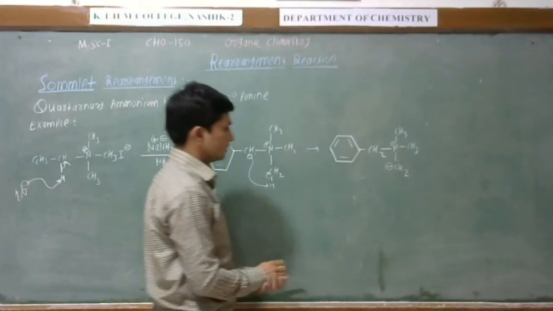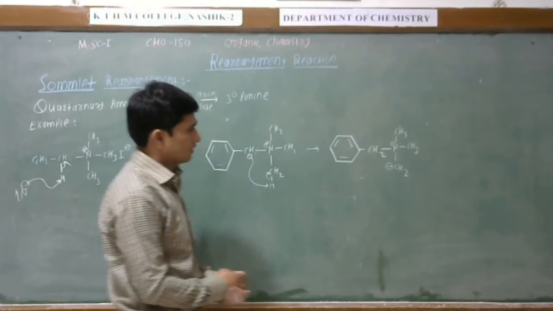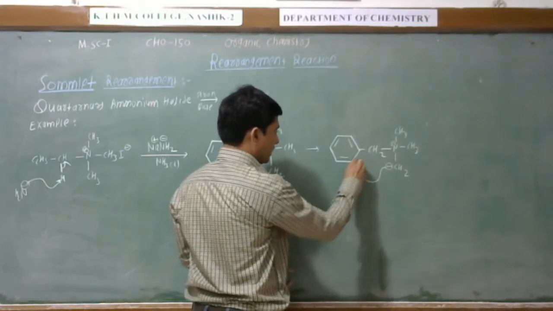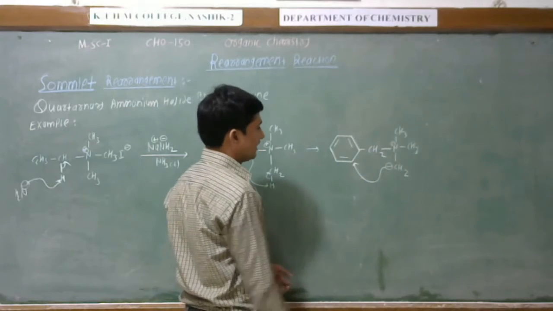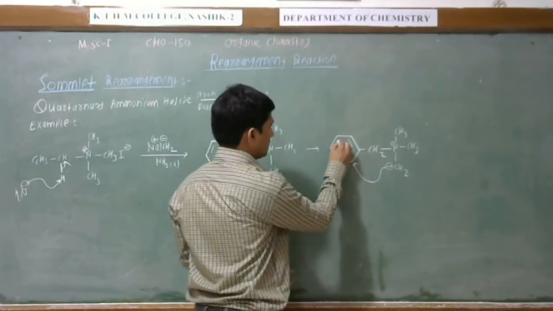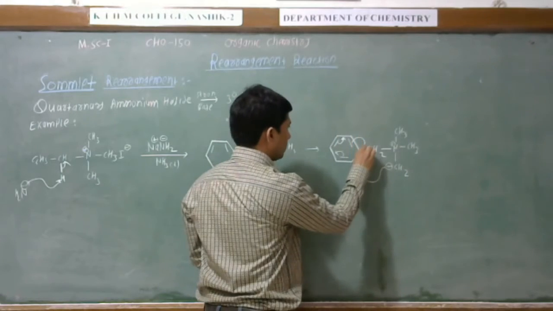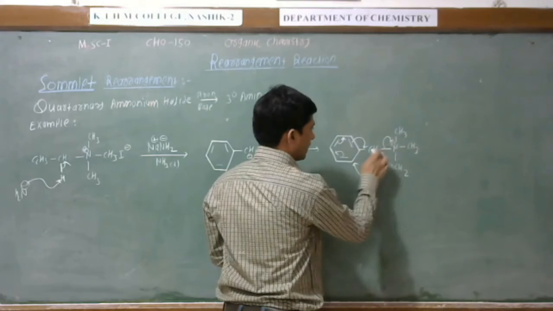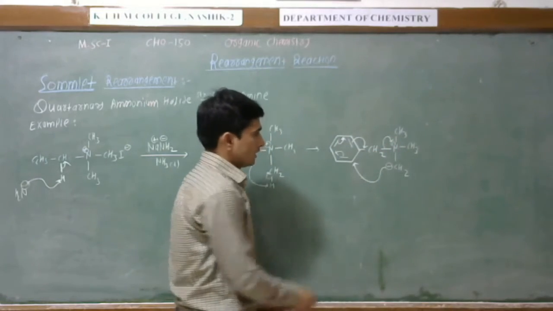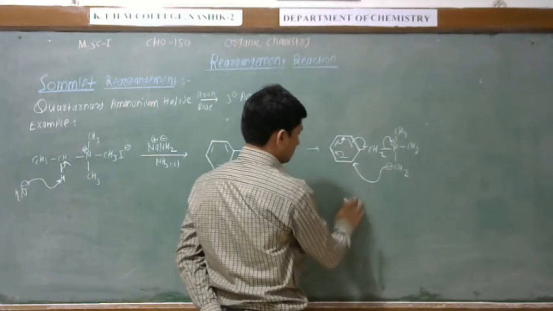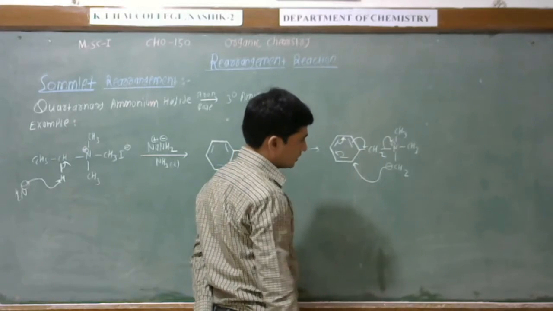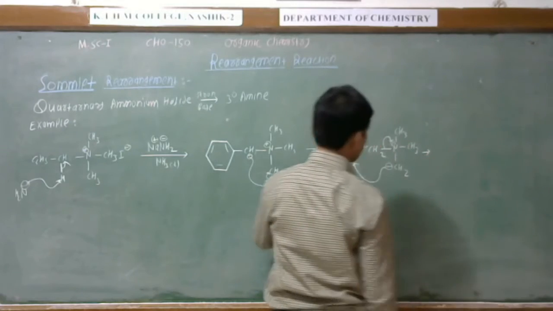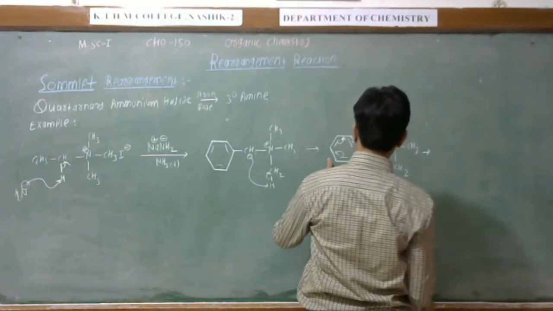Now this nitrogen has a positive charge. This CH2 carbanion will attach to the ortho position of phenyl. This bond will shift here, this bond will shift here, this bond will shift here, and this carbon-nitrogen bond will break. The positive charge on nitrogen gets neutralized, and this is the other structure which will form.